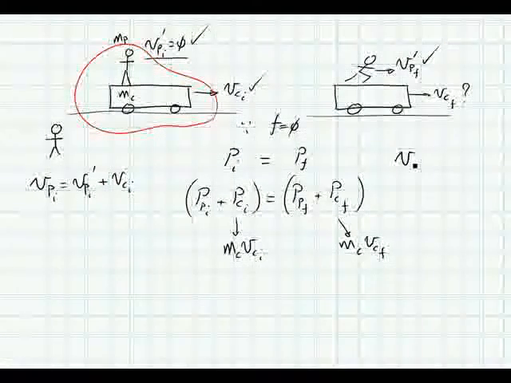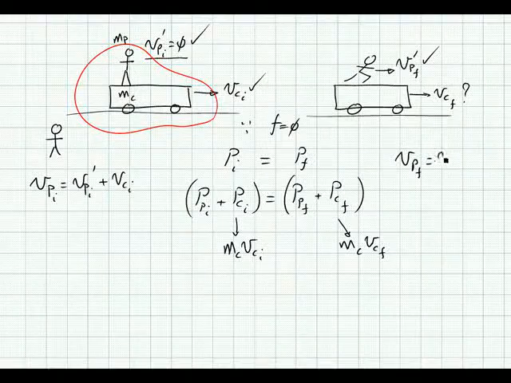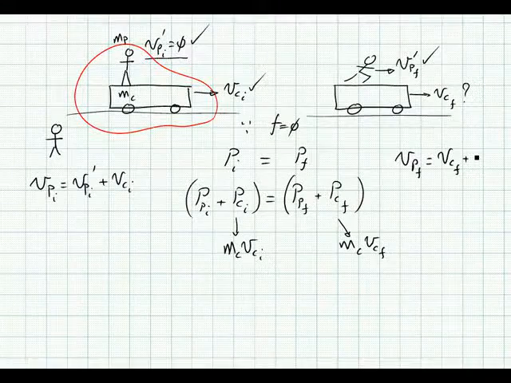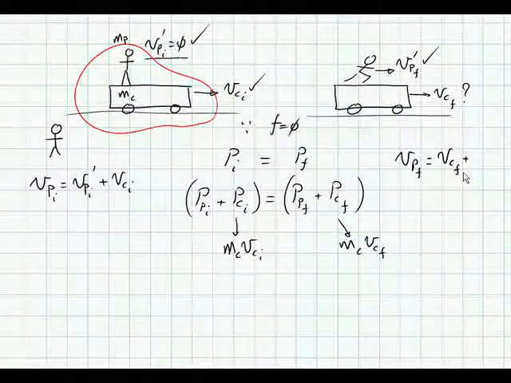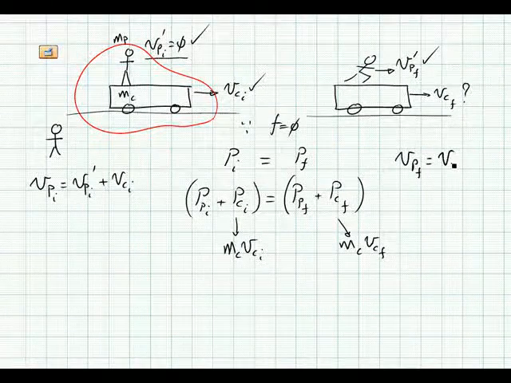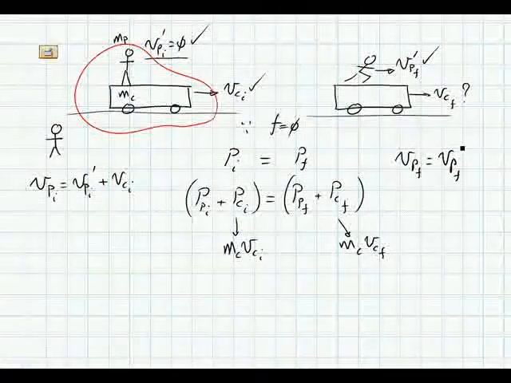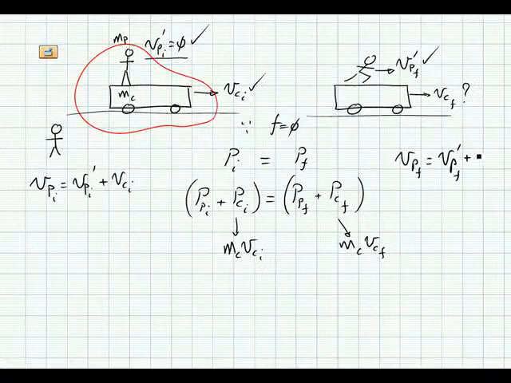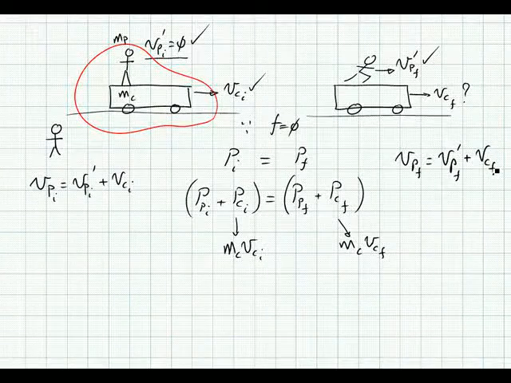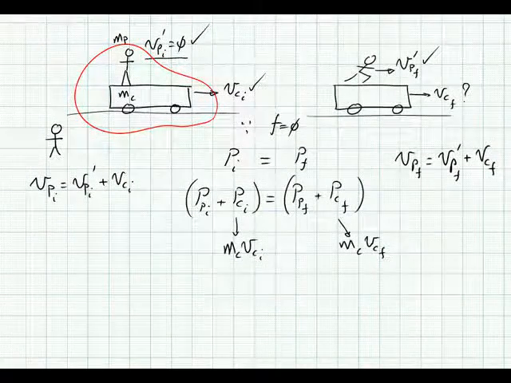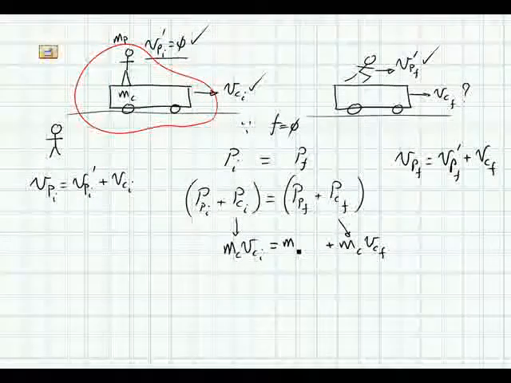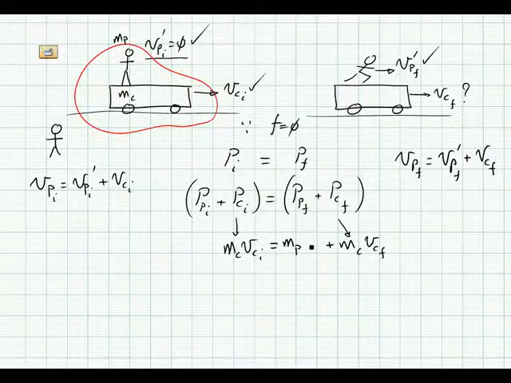Similarly, velocity of the person final is velocity of the person final with respect to the cart plus velocity of the cart final. So you need to use the Galilean transfer functions to calculate the momentum of the person final and initial.